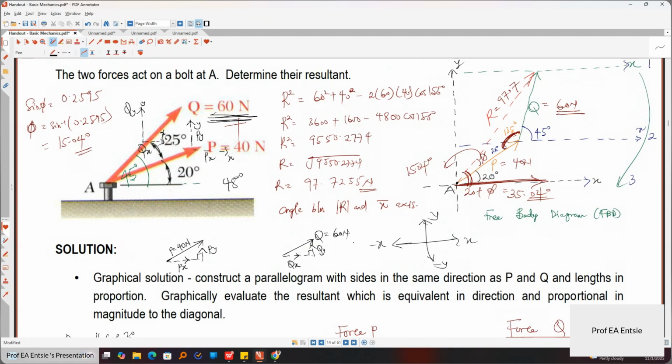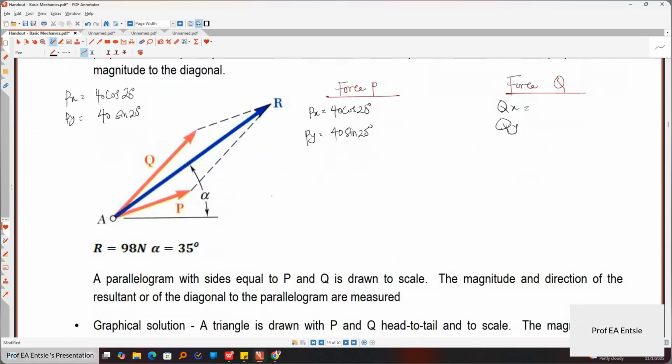So the x component of Q, Qx, will be the Q magnitude, 60 cos 45 degrees. Then the y component of Q will be 60 sin 45 degrees. These are the x and y components that we have.